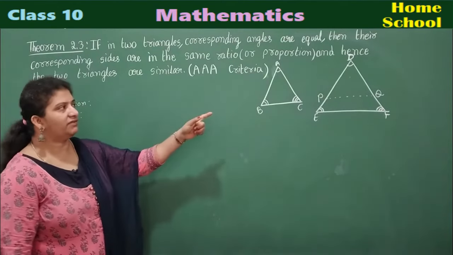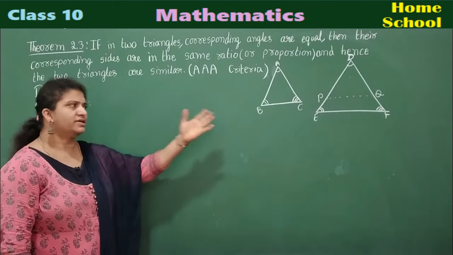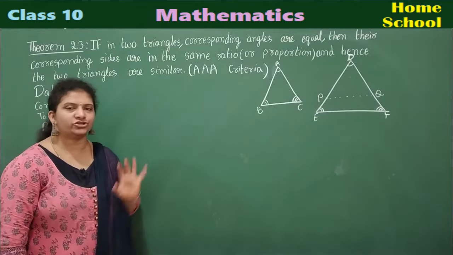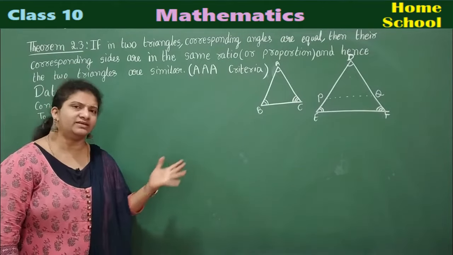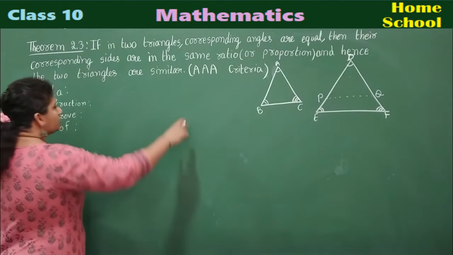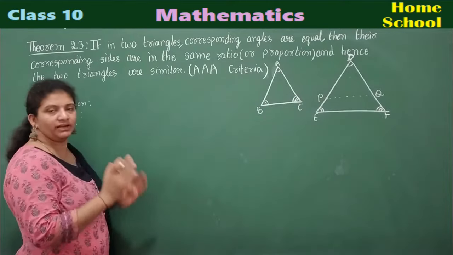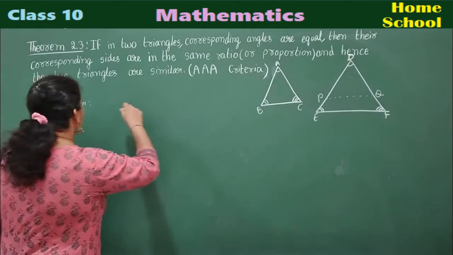What is the data given here? In your textbook, children, they have considered two triangles. See here, no need of memorizing these triangles either. As you wish, you can take triangles with any letters you like. You may take this triangle big, that triangle small, but understand the concept carefully. So I have taken two triangles.